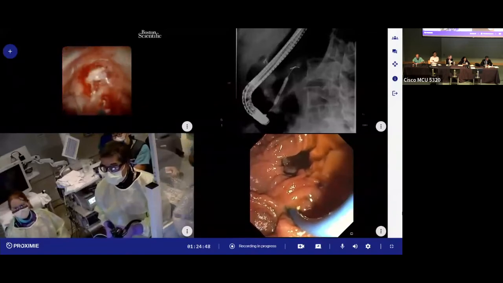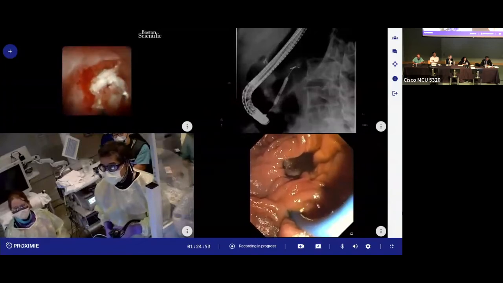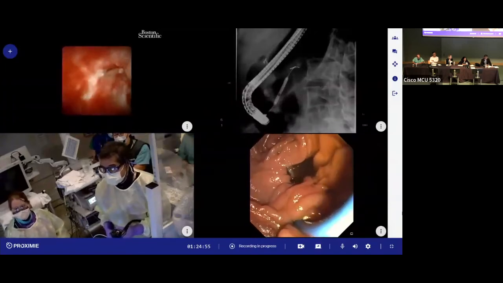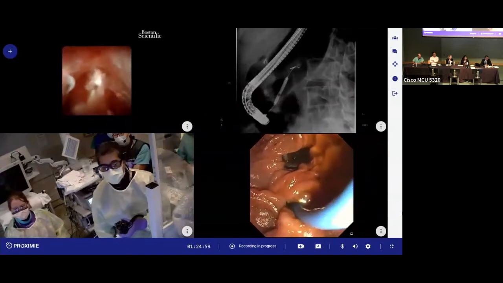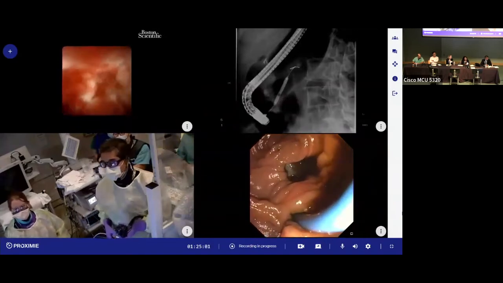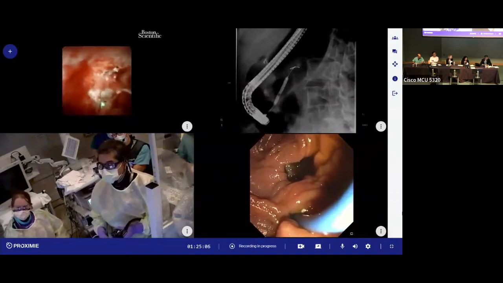What we wanted to show real quick before you go back to Hazem is this concept of stricturoplasty. Sam and I and others in our group have had some publications on this. Irrigate here a little bit. You can see the stone. I don't know if you can appreciate that stone. It's beautiful.